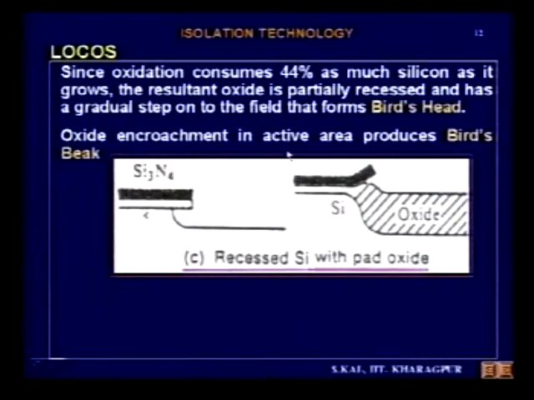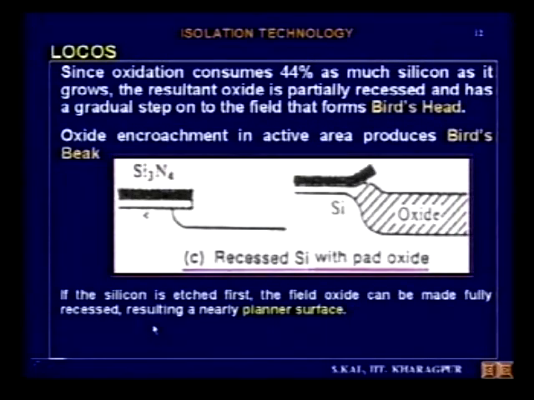Oxide encroachment in the active area produces bird's beak, that I mentioned in an earlier slide also. This is the active area. So oxide encroachment produces bird's beak. If the silicon is etched fast, the field oxide can be made fully recessed, resulting in a nearly planar surface. Here we obtain the nearly planar surface.